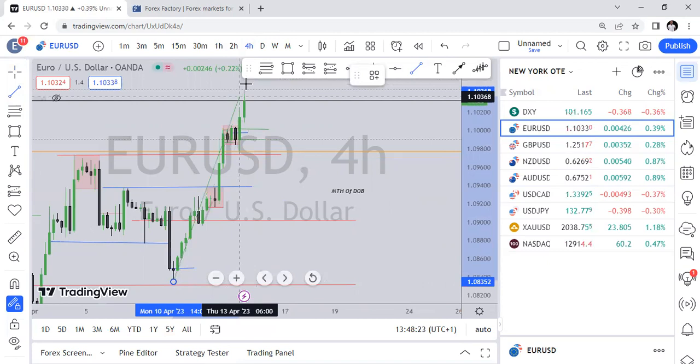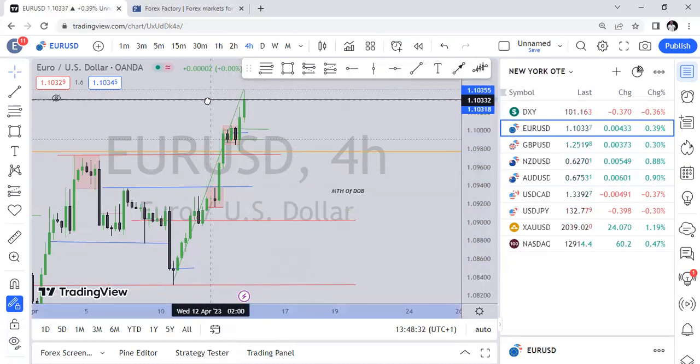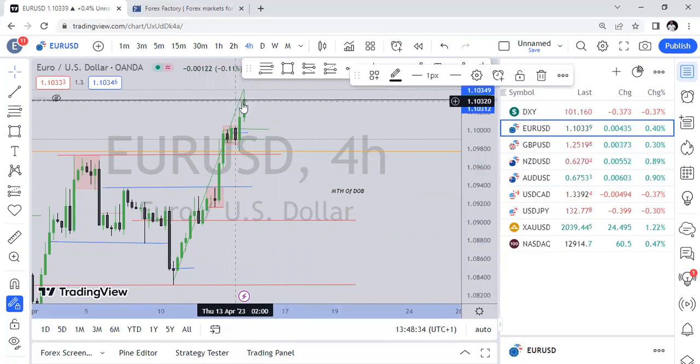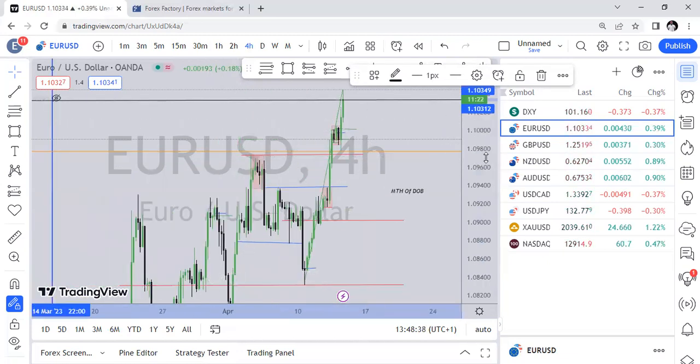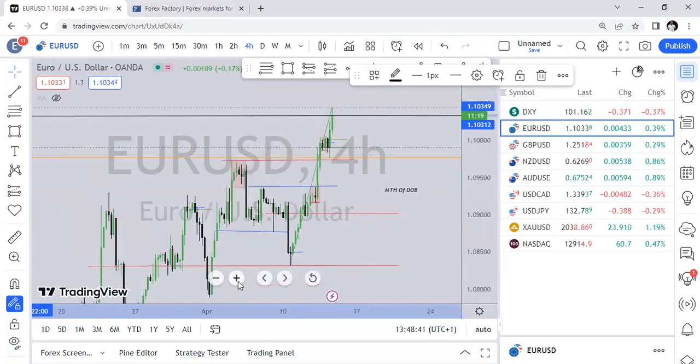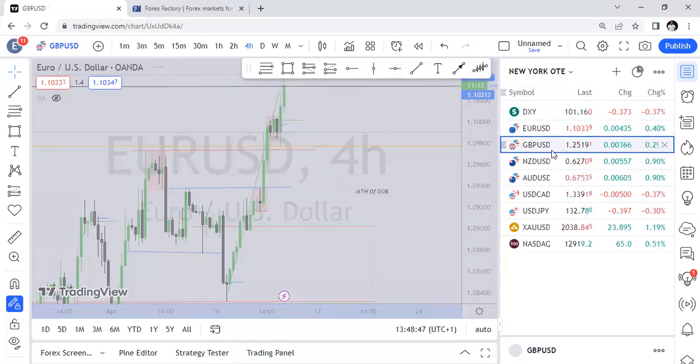It's been impulsive all week. At this point, because it has gotten to that peak, where it took out all the buy side liquidity, we can expect that in no distant time, it will start preparing itself to make a pullback.